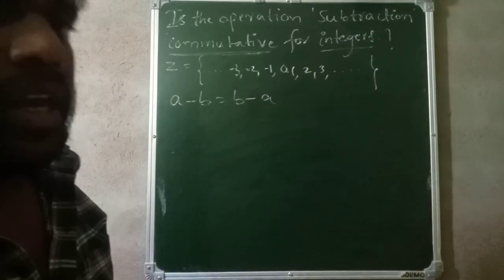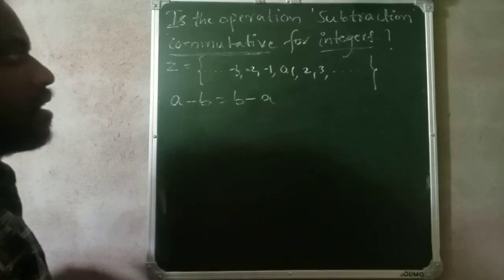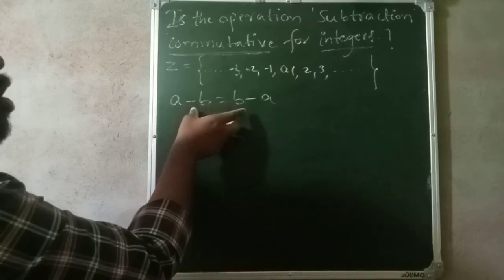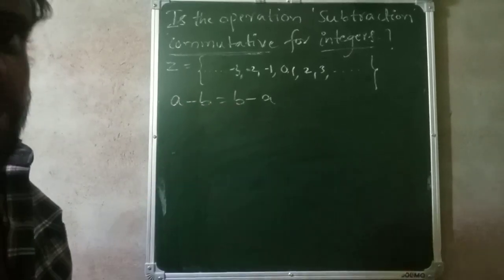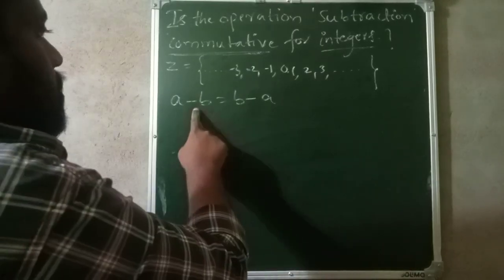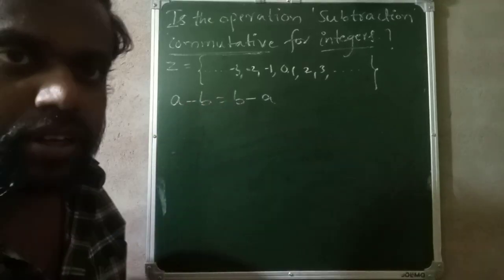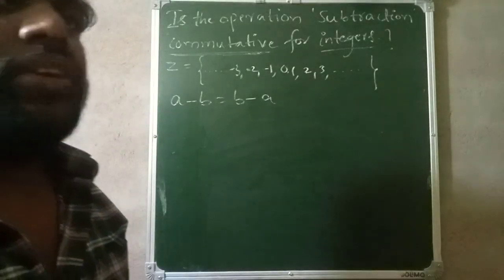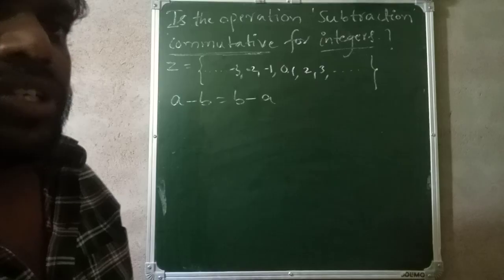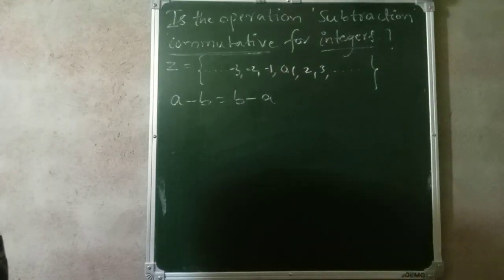In case A minus B is equal to B minus A, that means subtraction is commutative for integers. So we have to check whether this is true or not. Only after checking can we come to a conclusion whether subtraction is commutative or not.